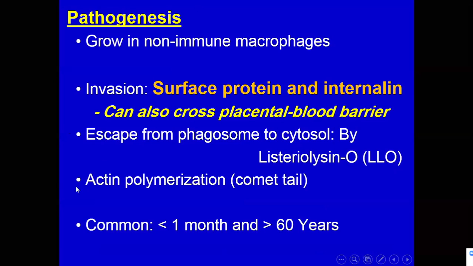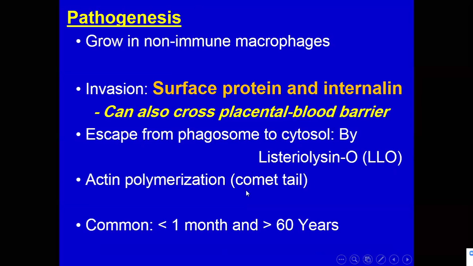These microorganisms have the capability of using the actin threads of the cells. Actin is part of the cytoskeleton. It has the capability of actin polymerization and can form a tail for them.